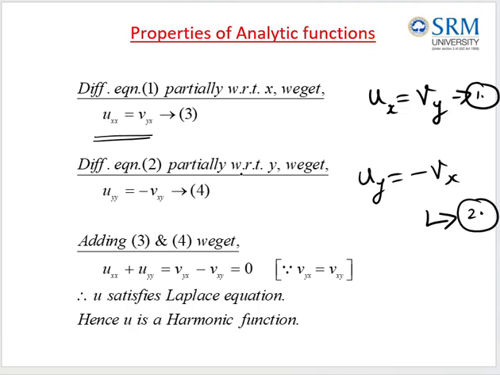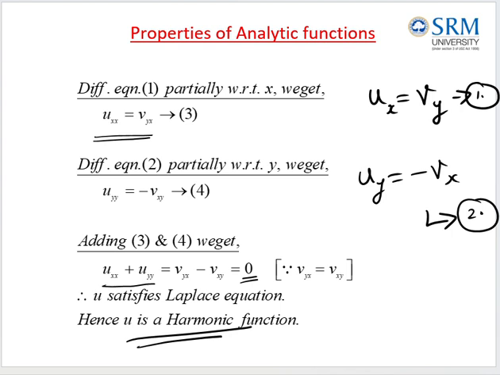Then we add these two equations. You will get uxx plus uyy on the left hand side, and on the right hand side vyx minus vxy. Now vyx is equal to vxy if v has continuous second partial derivatives. If the order changes, it will give the same value. Therefore if you subtract, that is equal to 0. So uxx plus uyy equal to 0. So u satisfies the Laplace equation, hence u is a harmonic function.